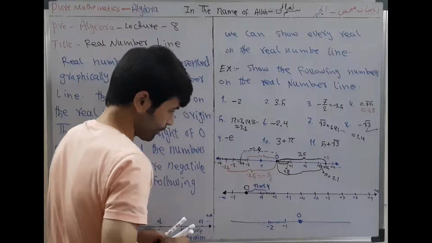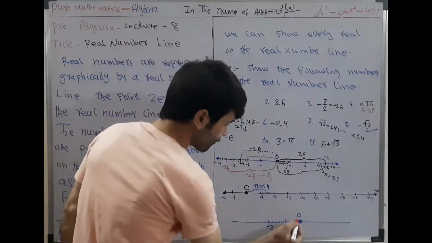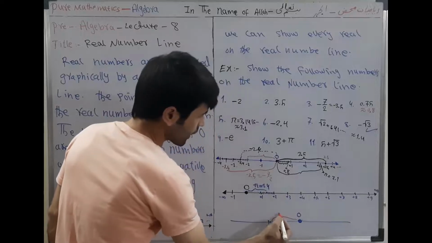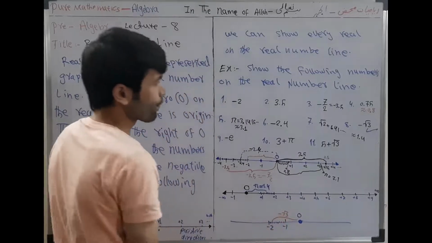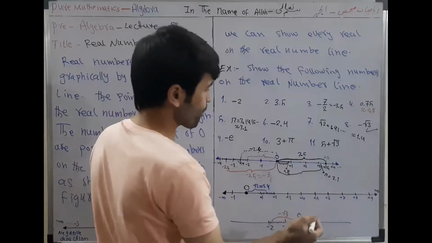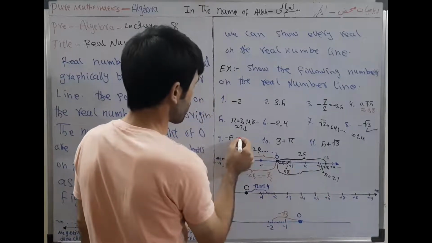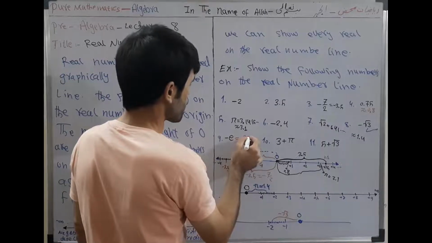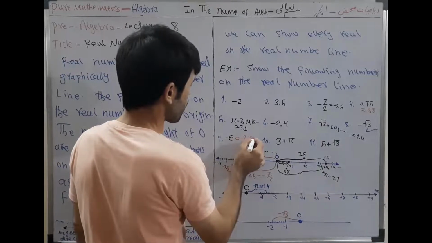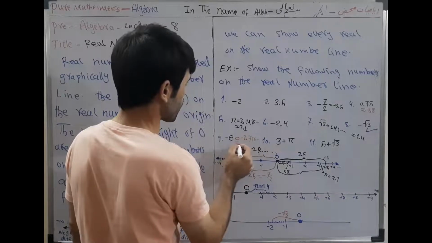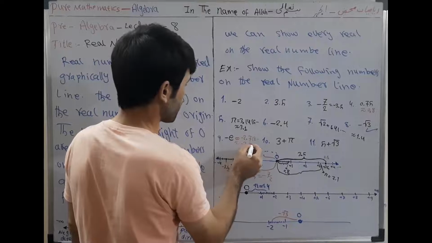From here up to here it is minus square root of 2. Similarly, minus e. It is approximately equal to minus 2.718, and so on, approximately minus 2.7.